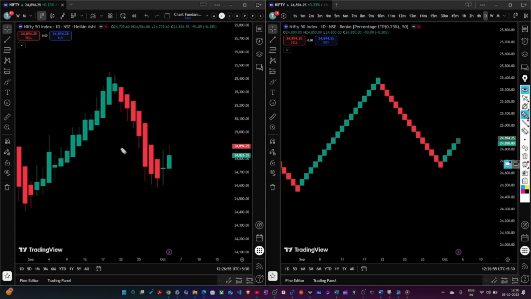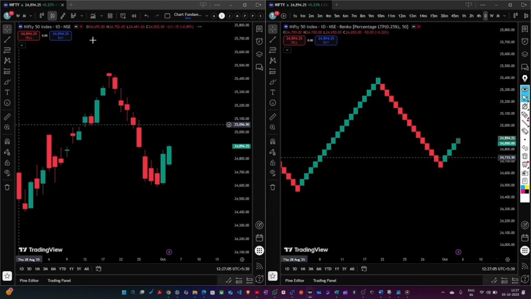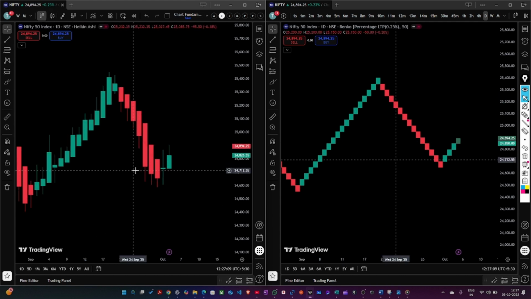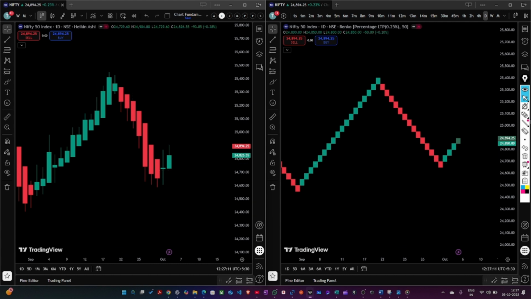Because Renko charts make the whole process of looking at a chart so much simpler. It doesn't care about time like in candlestick charts, or about averages like in Heikin Ashi charts. It just takes into account price. So if X value is achieved, only then the market goes up. If X value is coming down, only then the market comes down.